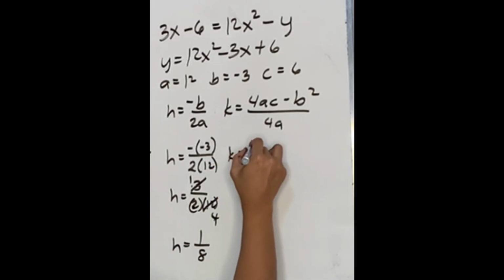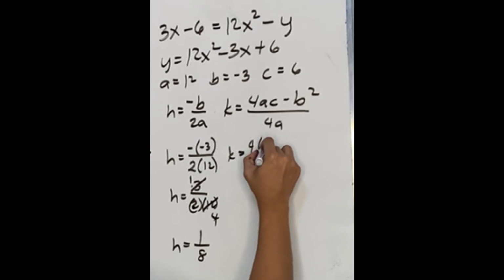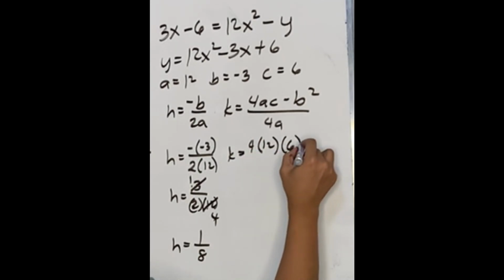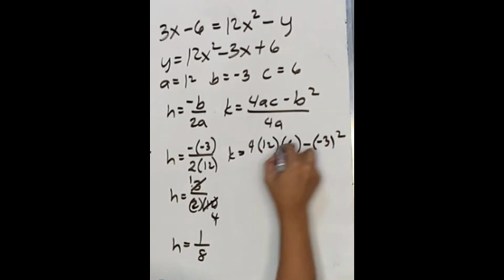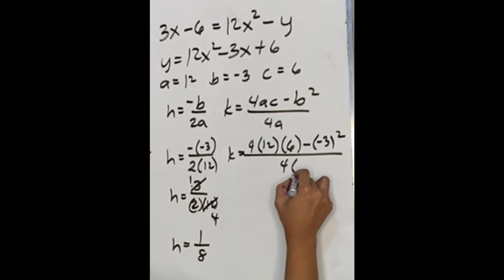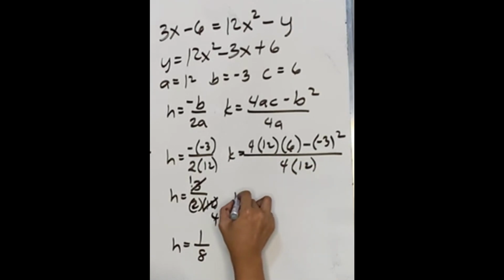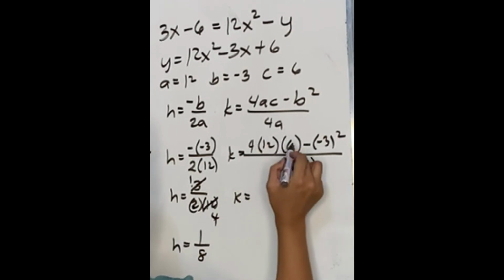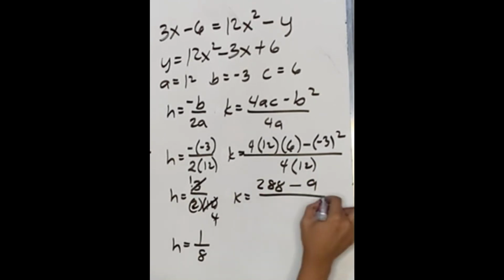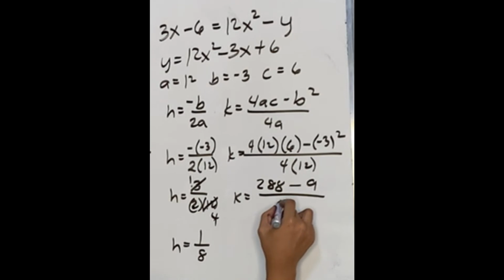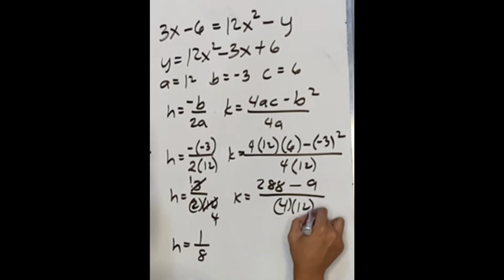K is equal to 4 times 12 times 6 minus negative 3 squared all over 4 times 12. K is equal to 4 times 6 is 24 times 12 is 288 minus 9 all over 4 times 12.